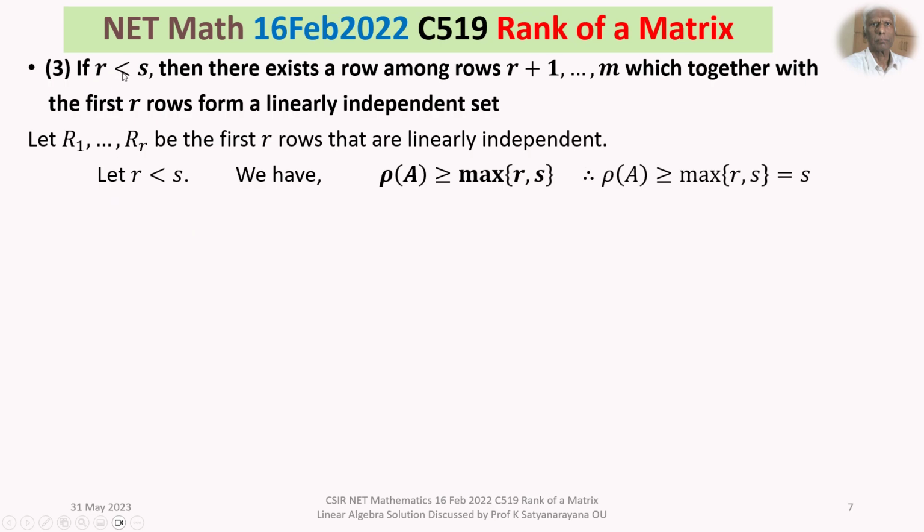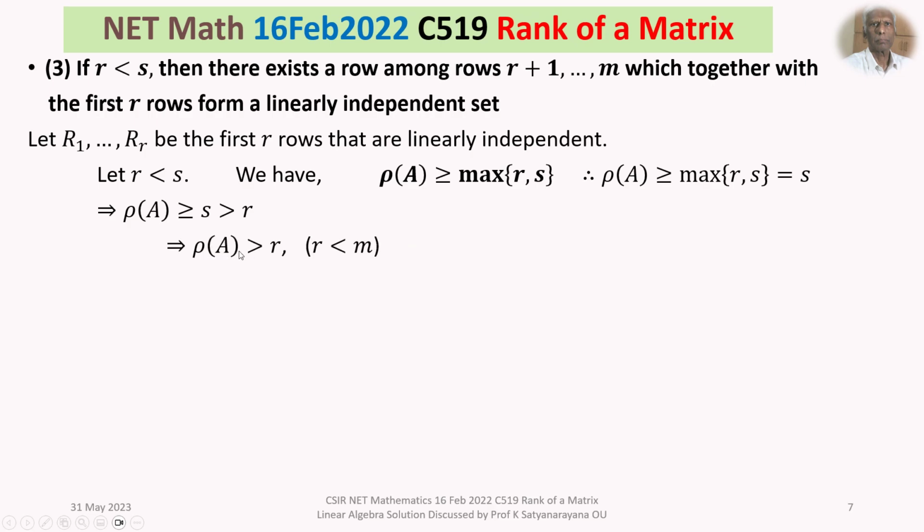It is given that r is less than s. We have the rank of A greater than or equal to the maximum of r, s, which we established in option 1. We use it. But r is less than s, so the maximum of r, s will be s. So the rank of A is greater than or equal to s, and since r is less than s, s is greater than r.